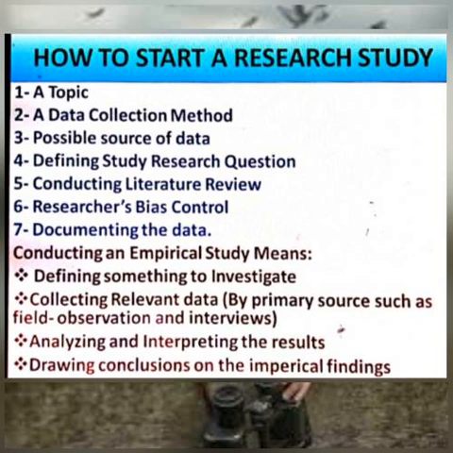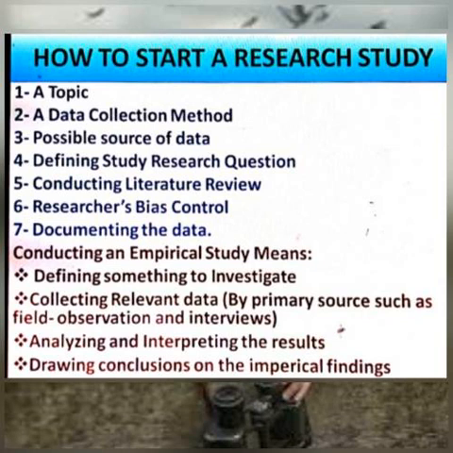Then defining the study research question, then conducting the literature review, then research bias control by the researcher, and then documenting the data. These are the 7 main steps of how to start qualitative research, and how to conduct an empirical qualitative study.